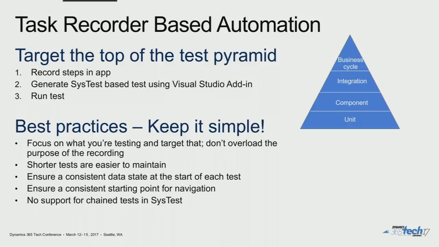I've played with the coded UI capability in Visual Studio multiple times over the years. It's not as easy as it looks to record a test reliably and get it running back in a reliable way. So again, think about what you're testing. Keep it simple. Yeah, there's a need sometimes to run a longer sequence, and you need to have some of those tests, but don't go crazy with that. Try to keep them granular to the best of your ability.